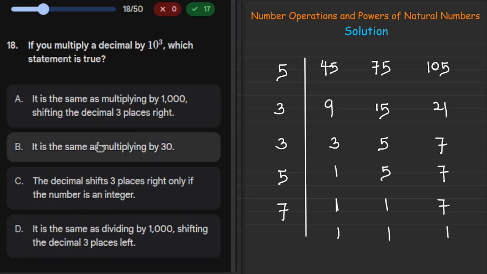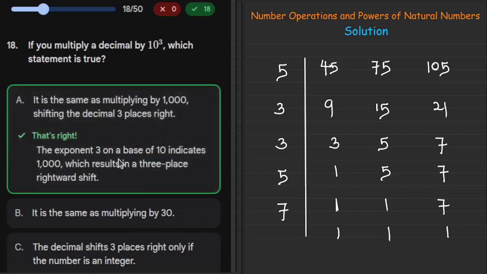Let's look at the options we have. It says it is the same as multiplying by 1,000. That is shifting the decimal 3 places to the right, just as I said. That is true. It is the same as multiplying by 30. That is false. 10 to the power 3 is not 30. I repeat, 10 to the power 3 is not 10 times 3, but it is rather 10 multiplying itself 3 times.